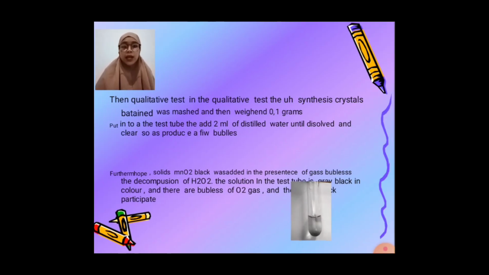The qualitative test. In the qualitative test, the synthesis crystal obtained was weighed, 0.1 grams. Put into the test tube, add 2 ml of distilled water until dissolved and clear, so as to produce a few bubbles.